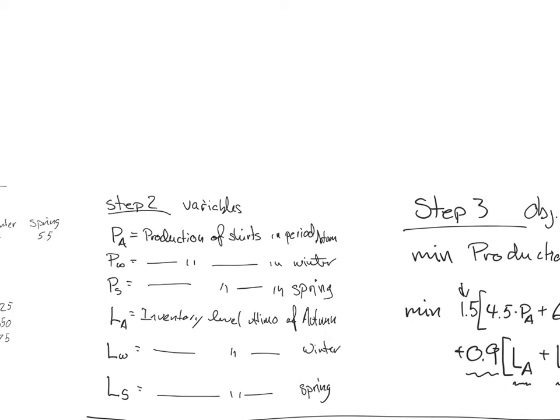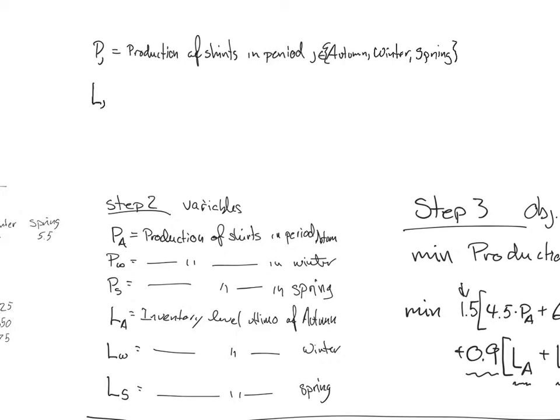So we could have said instead that PJ is equal to the production of shirts in period J, where J can be in either autumn, maybe we shouldn't forget the winter, and then spring.